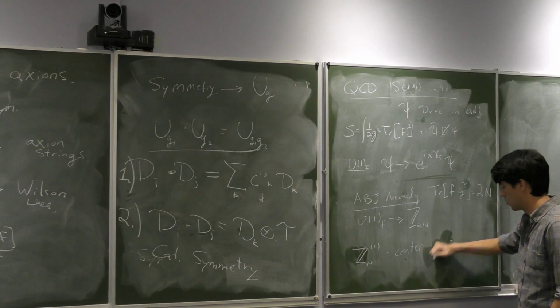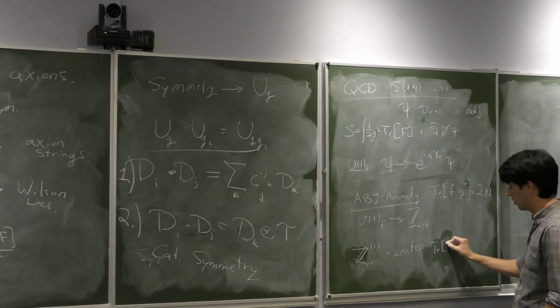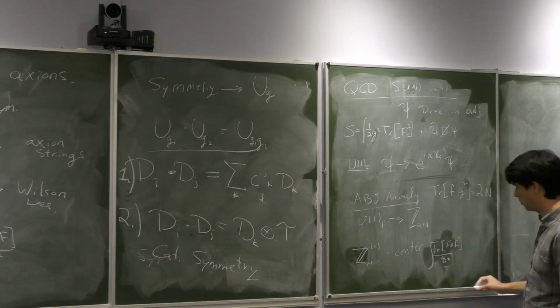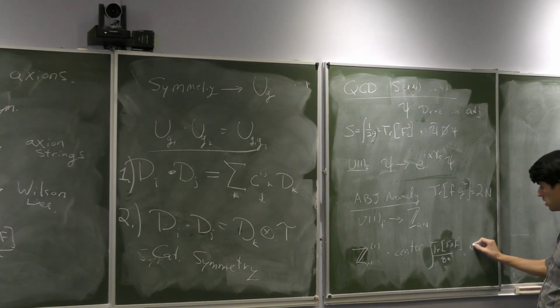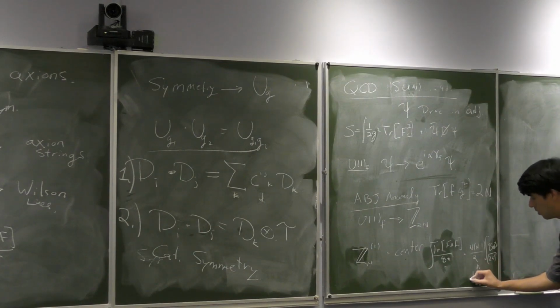So the trace of F wedge F over 8 pi squared is N(N-1)/2 times B wedge B over 4 pi squared, and this is valued in 1/N times Z.